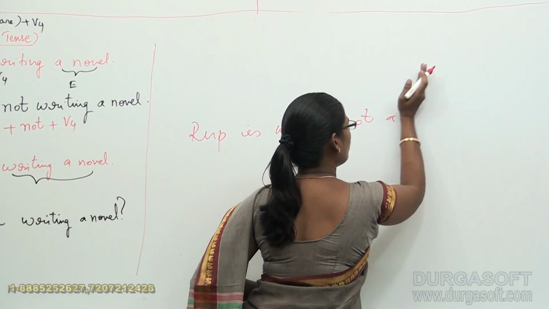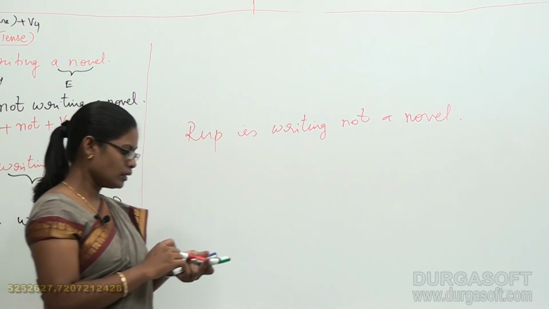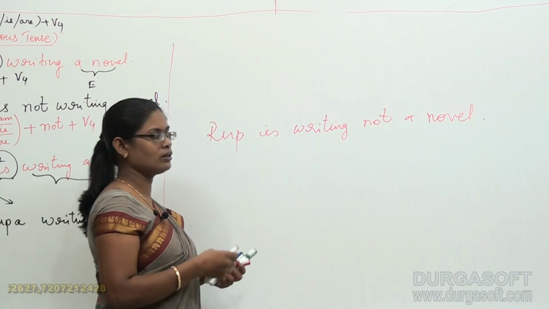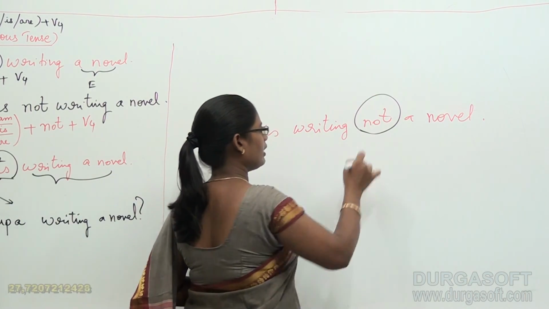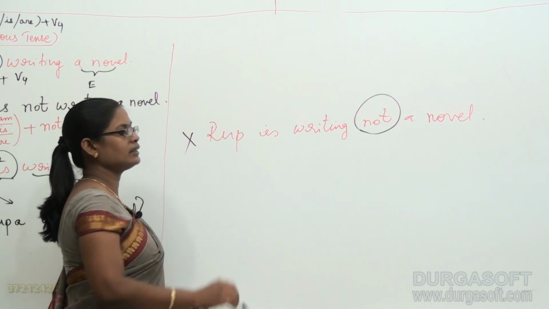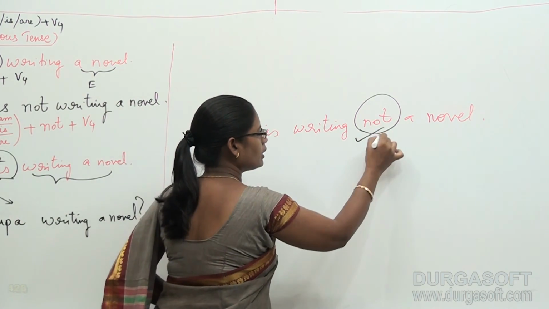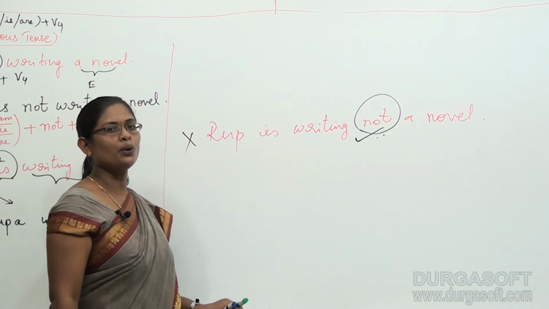I can say a novel. This is my sentence. In my sentence, I have provided not somewhere where I liked it. And in fact, I cannot call it a negative sentence because not is not placed according to the rule.